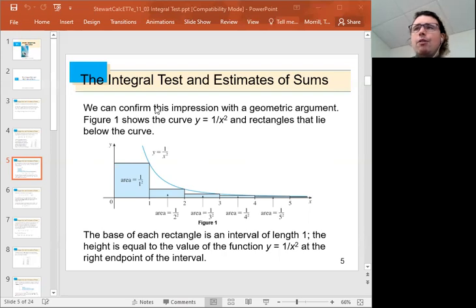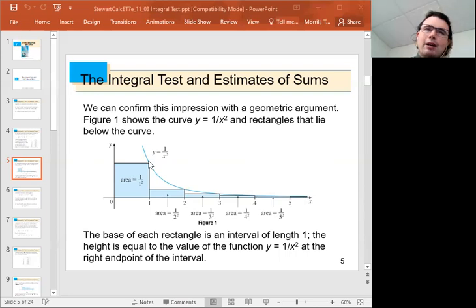But one thing to notice here is that when I draw my boxes this way, the upper right-hand corner of every single rectangle is going to fall along a particular curve, right? So this coordinate right here is (1, 1).